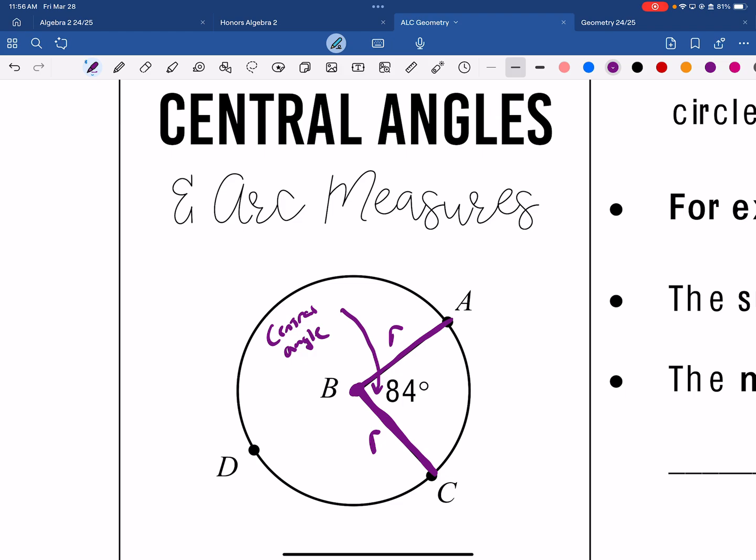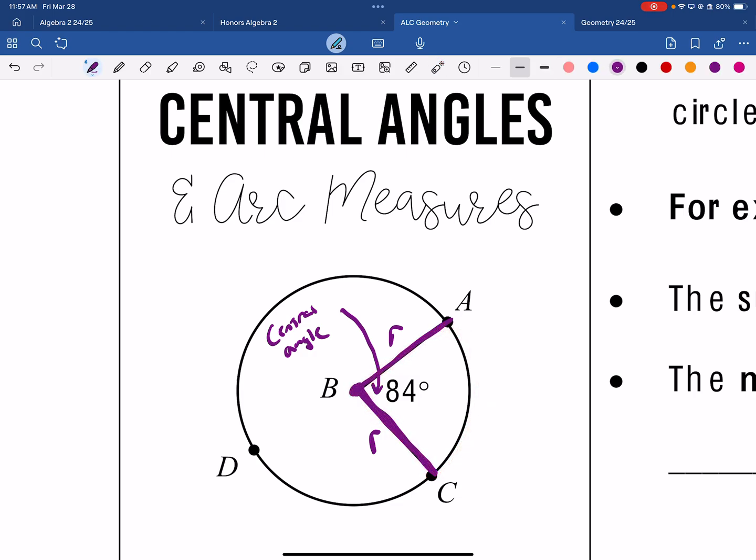Now, the unique thing that a central angle does is that it creates an arc. And we've talked about three different types of arcs: minor arcs, major arcs, and semicircles. If you'll notice, if I put my finger on B and follow those two radii, they create this arc AC.